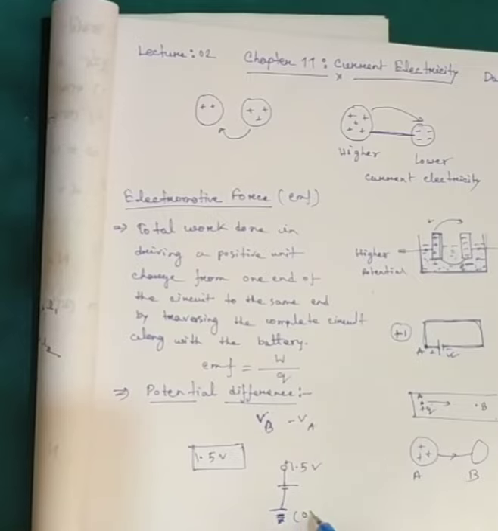Ground means its potential is 0, that means total positive 1.5 will arise over here. So this is called a positive 1.5 volt battery.